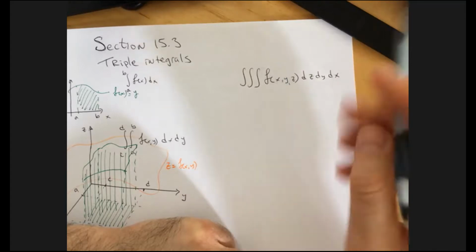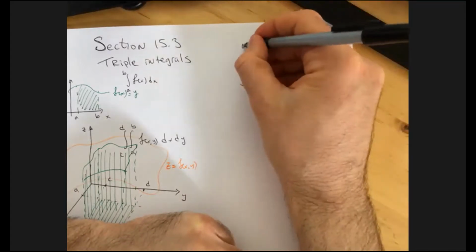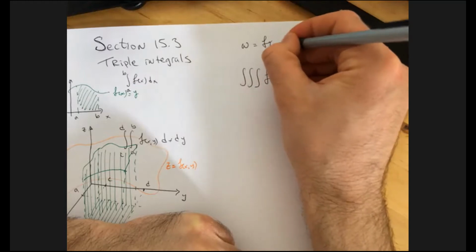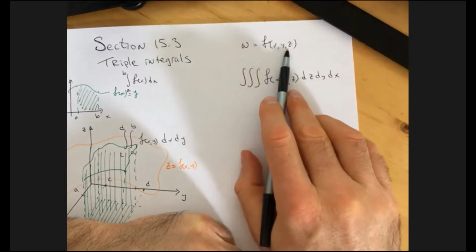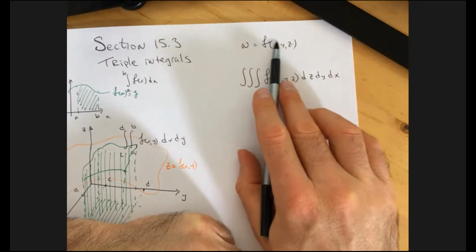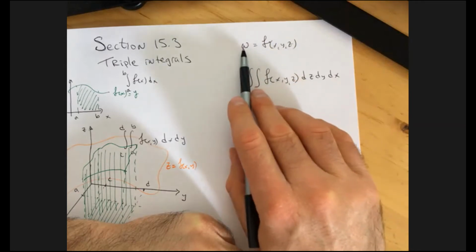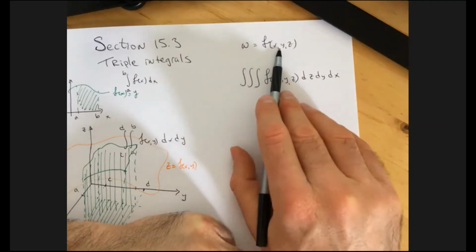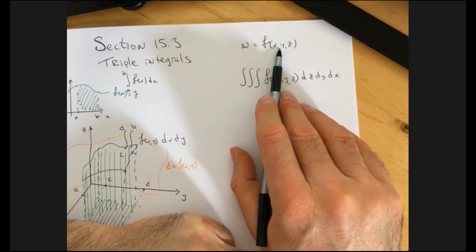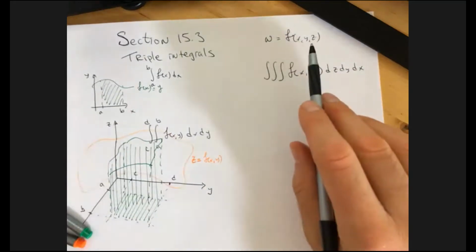So I have a certain function, let's say w is equal to f of x, y, z. So I have three variables, and then the output is going to be in one dimension. So that's one dimension plus three, that's a four-dimensional object.